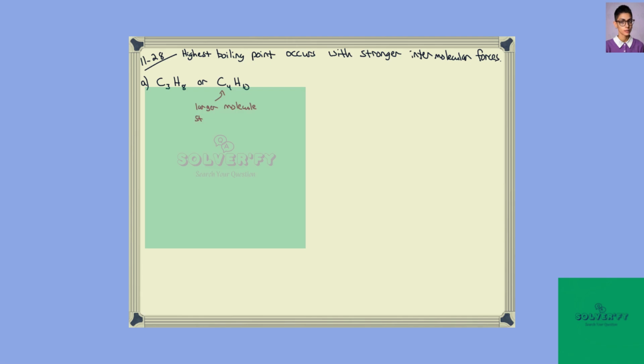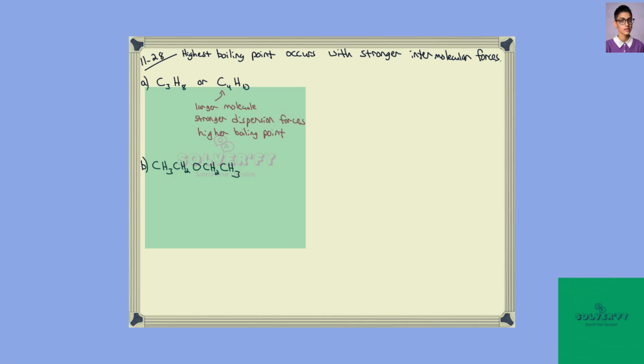So if both of these have the weaker London dispersion forces, then which one will have stronger London dispersion forces? Well, as you recall, the London dispersion forces increase in strength as the molar mass of the substance increases. So butane is going to have a larger molar mass, therefore stronger dispersion forces and a higher boiling point.